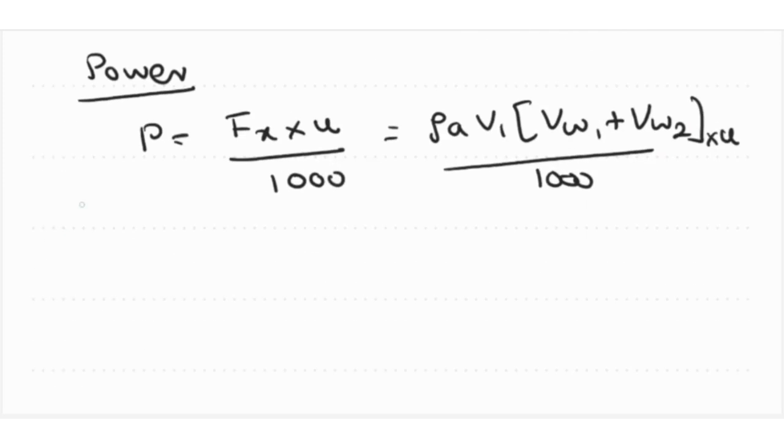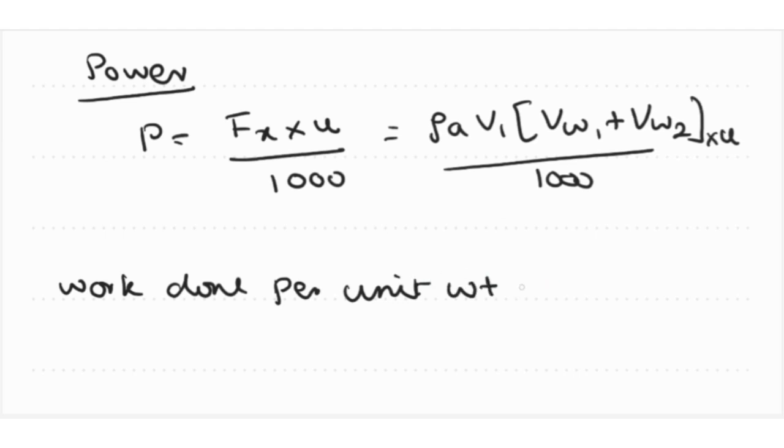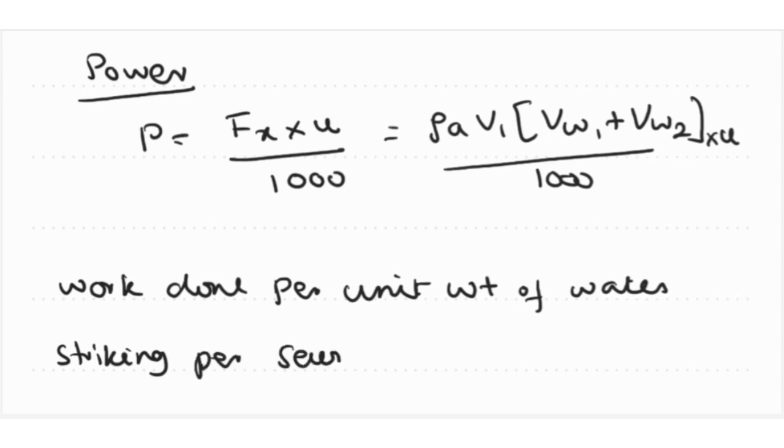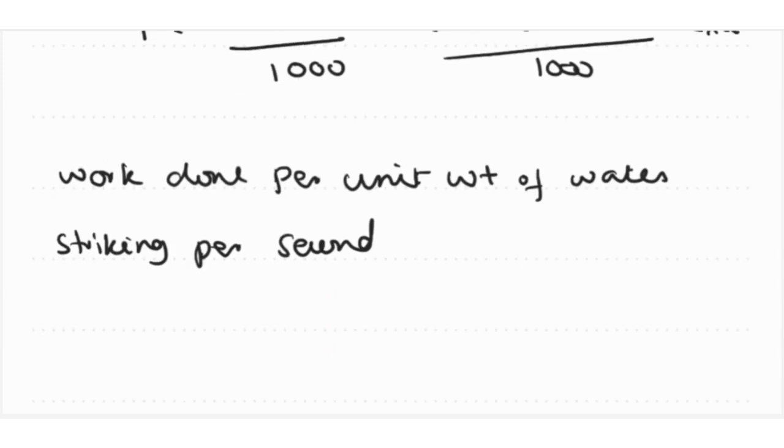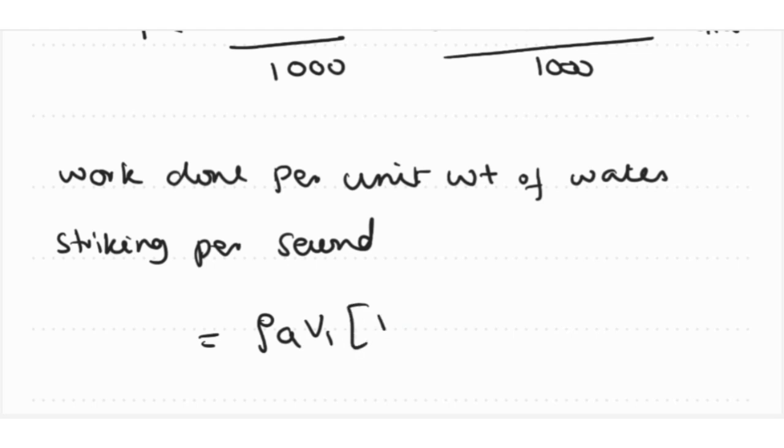You can calculate work done per unit weight of water striking per second, which is equal to rho a V1 (Vw1 plus Vw2) into u.